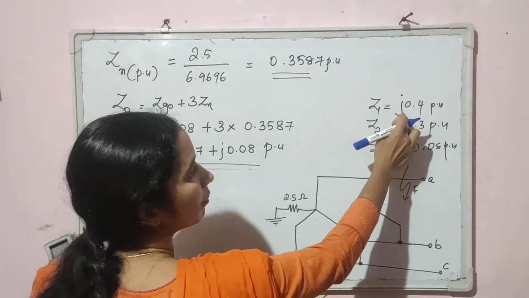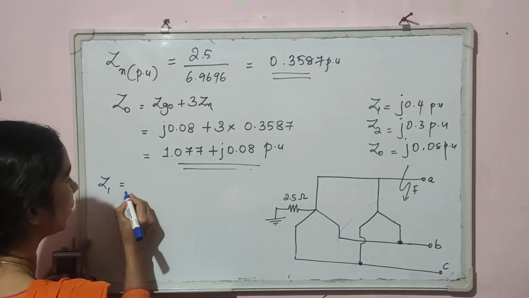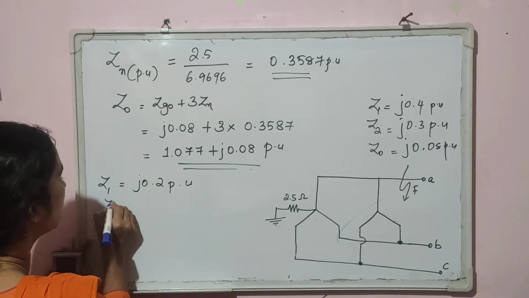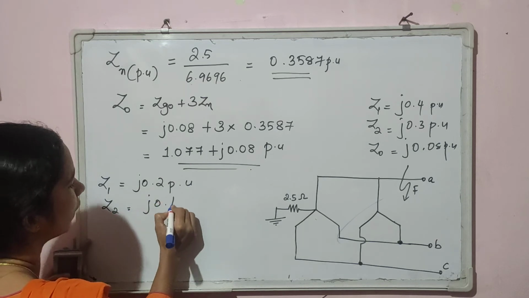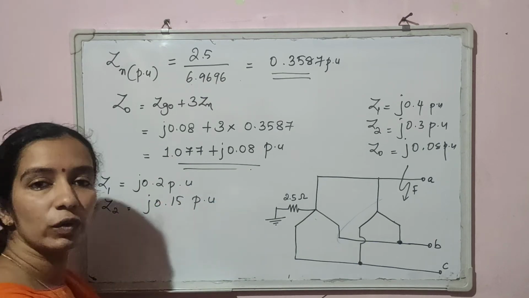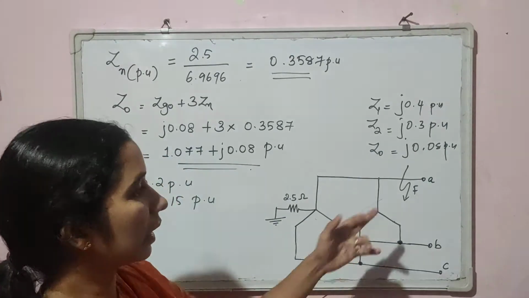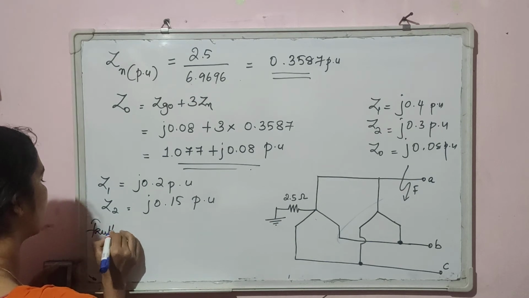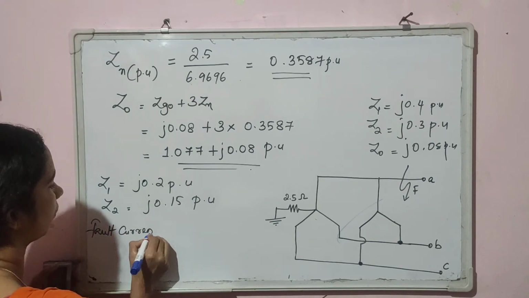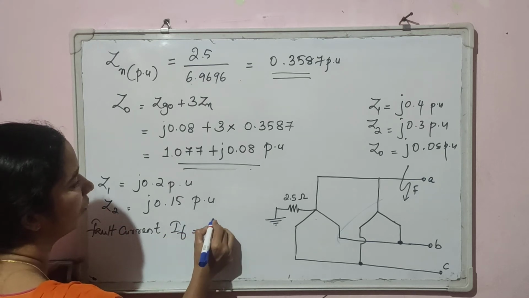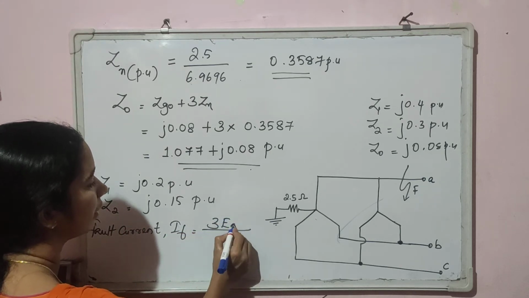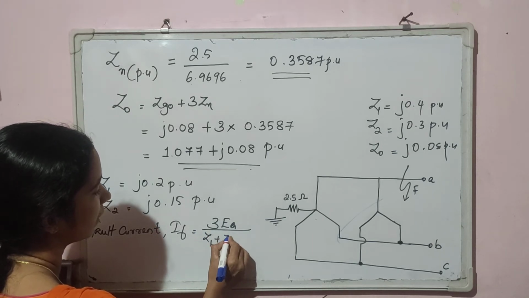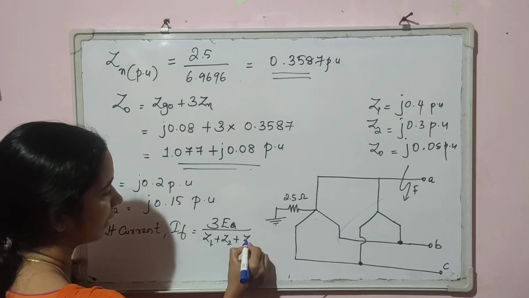So we got the value of Z0 and we have already calculated Z1 and Z2. We got Z1 as the parallel combination of two 0.4 per unit reactances, that was J 0.2 per unit, and we got Z2 as J 0.15 per unit. And now we can calculate the fault current for a single line to ground fault. The fault current IF will be equal to 3 times EA divided by Z1 plus Z2 plus Z0.